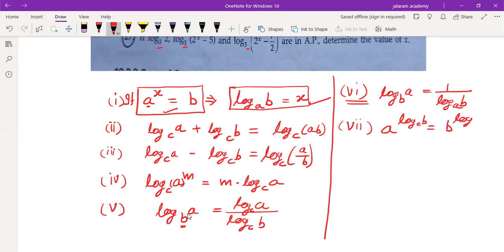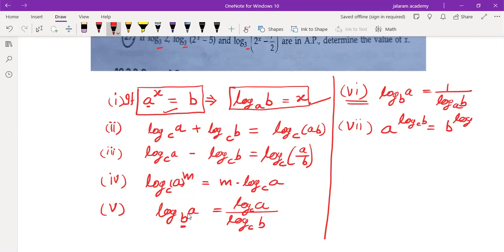So repeat all these properties once. If a to the power x equals b, which is the first property, then log b base a equals x. Second property, log a base c plus log b base c equals log ab to the base c.